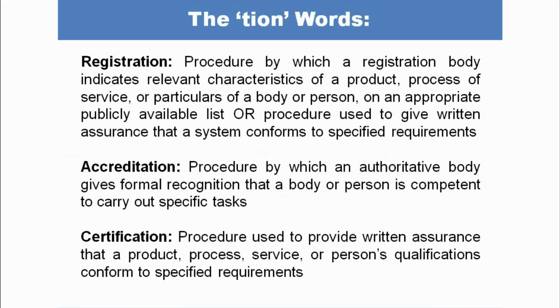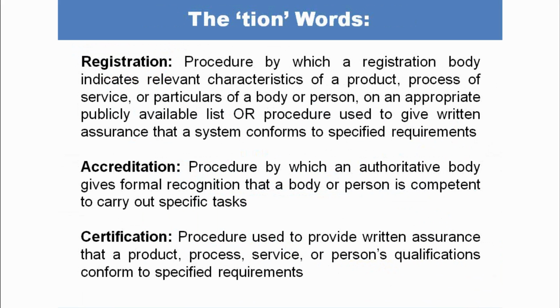And then certification is a procedure used to provide written assurance that a product, process, service, or person's qualifications conform to specified requirements. I'm a certified ISO 17025 lead assessor; I've been certified by PECB. So I cannot say I've been accredited by PECB.